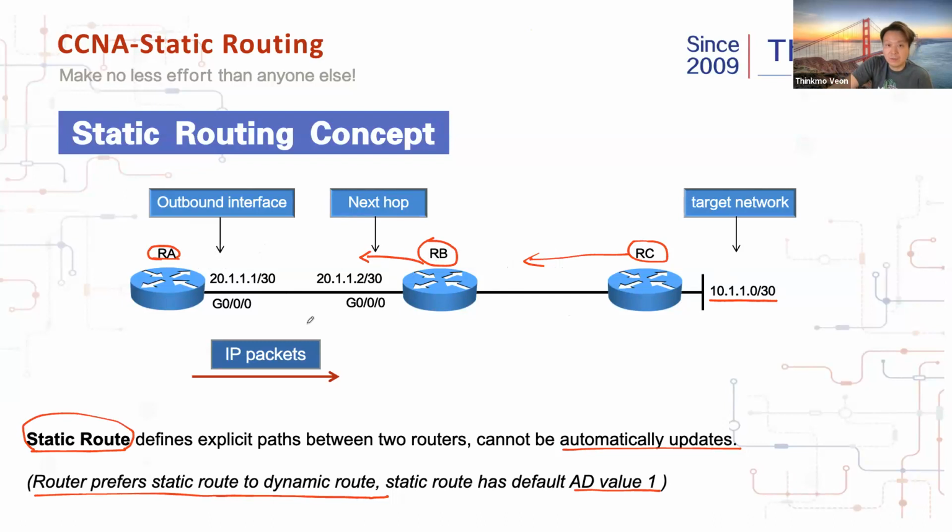So this is called dynamic routing. But here we talk about the static route, where the network administrator manually configures how router A reaches this 10.1.1.0. This is called static route.